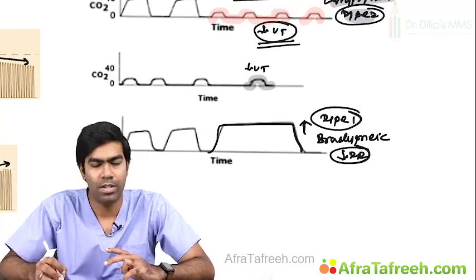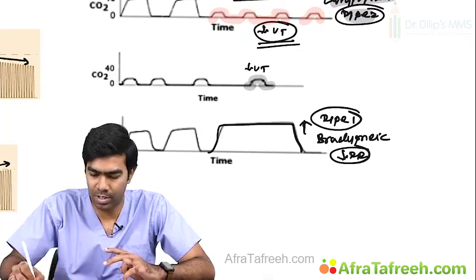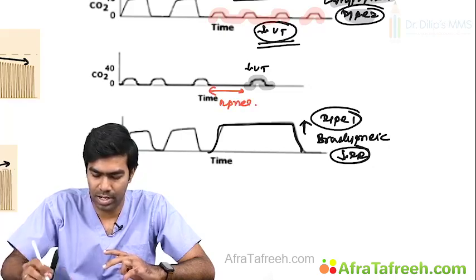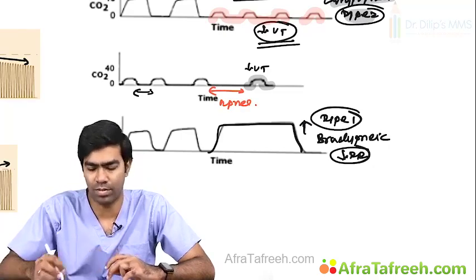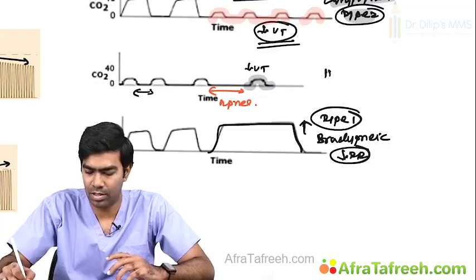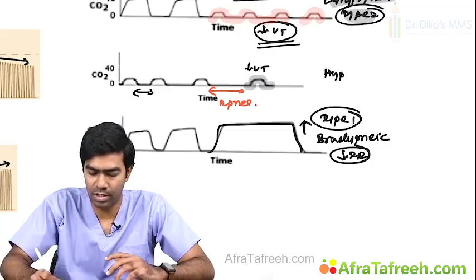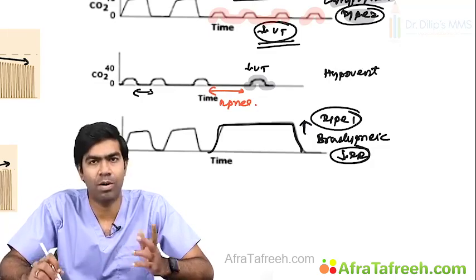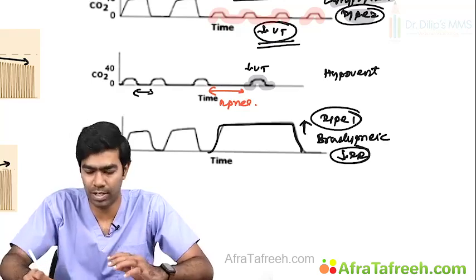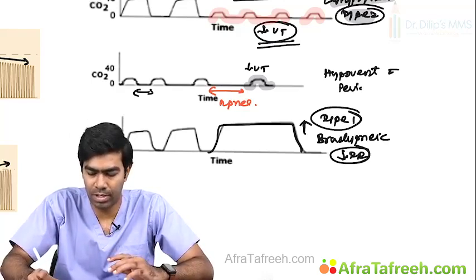At the same time, you can see there are periods of apnea. So this is one period of apnea, and again there are periods of regular breathing also. So this is a hypoventilation. Obviously it's hypopneic, and the respiratory rate is also low, so bradypneic also. So totally I can tell this is a hypoventilation with periodic breathing.